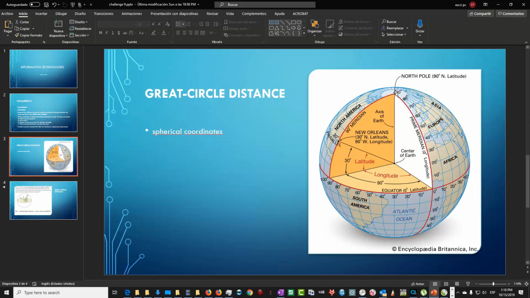Yes, and also we can cut this sphere in two pieces by cutting it from the equator. You see this big line, and then you will have another two half Earth pieces.